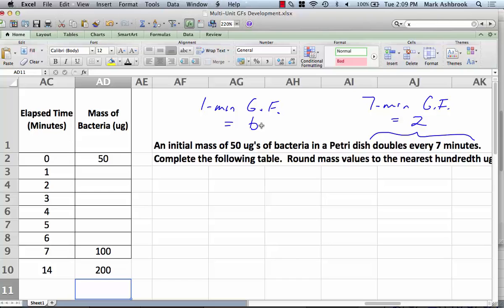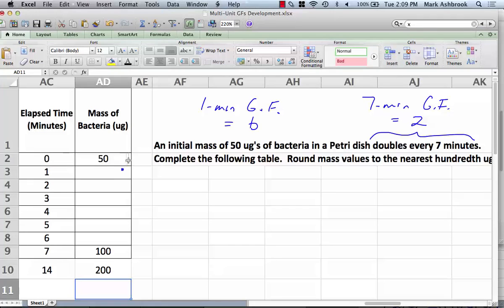And so if the 1-minute growth factor is B, how can I use that to express the mass of the bacteria 1 minute after this initial amount? How can I use that 1-minute growth factor of B to express what the mass would be after 1 minute? Jonathan, what do you think? What was that?